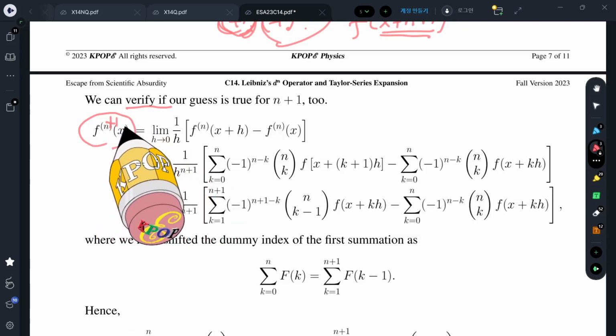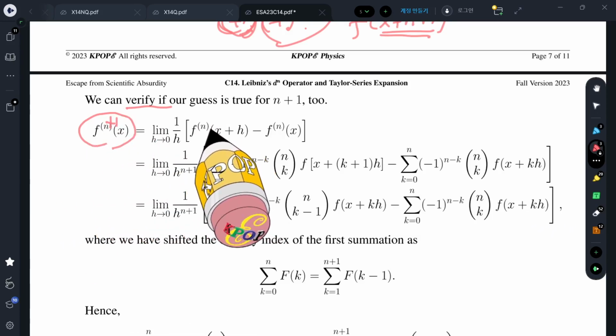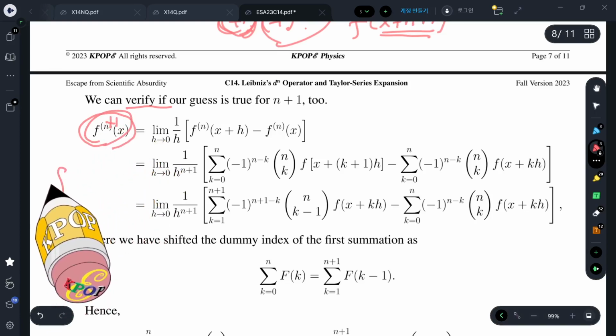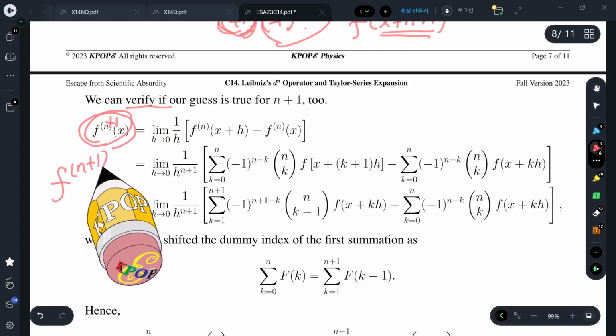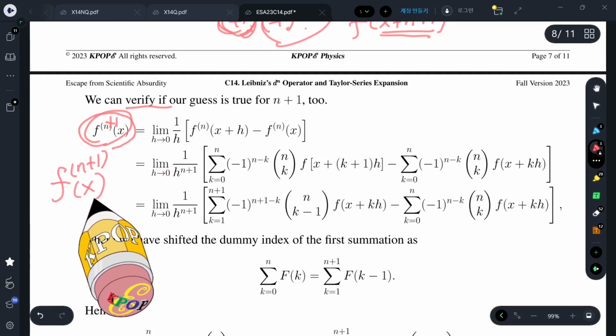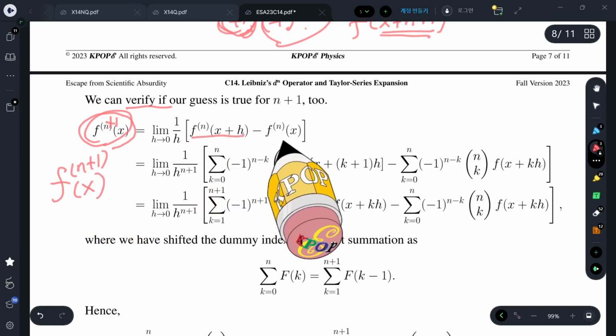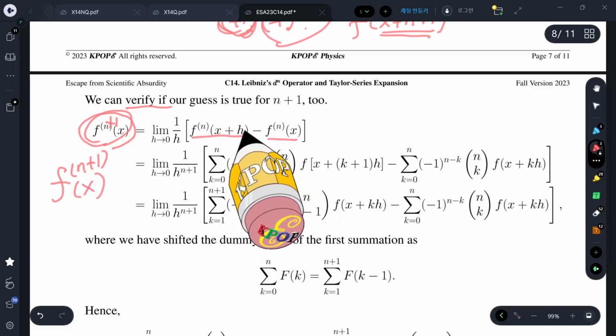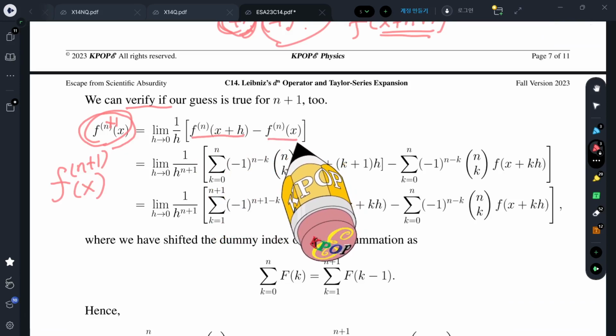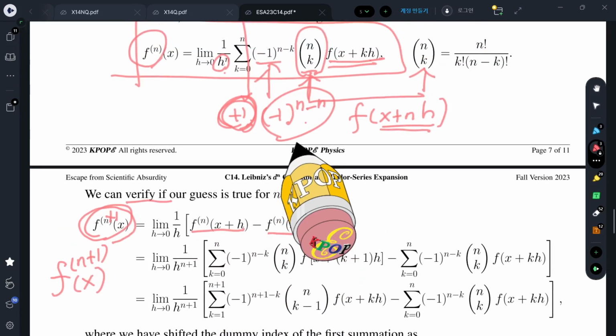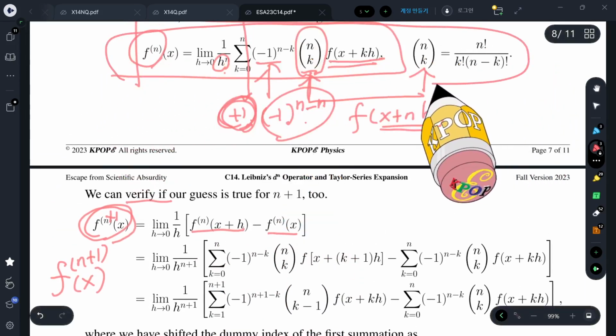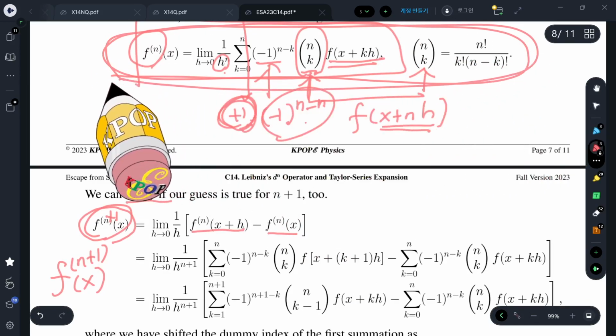Then we take the derivative of the nth-order derivative. Remember, this is f n plus 1 x. Okay? That's fine. Shifted one subtracted by non-shifted one. And we assume this value at n.